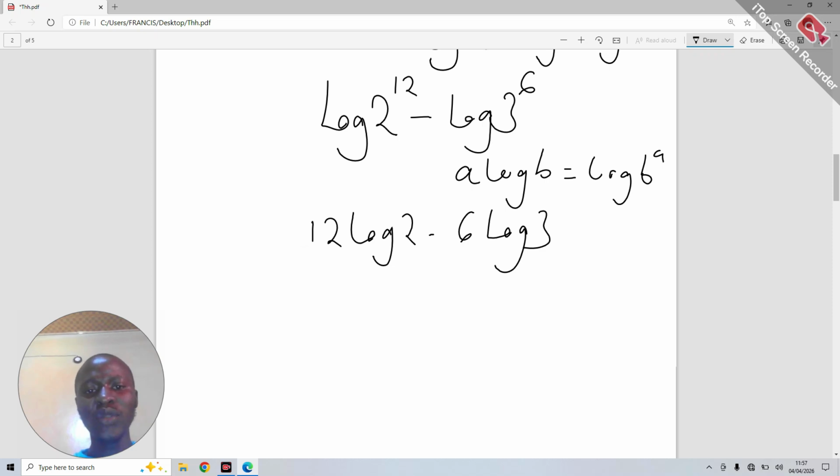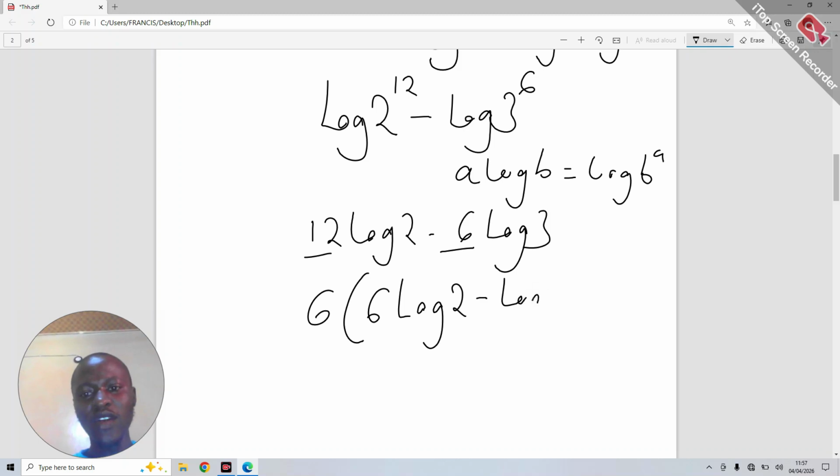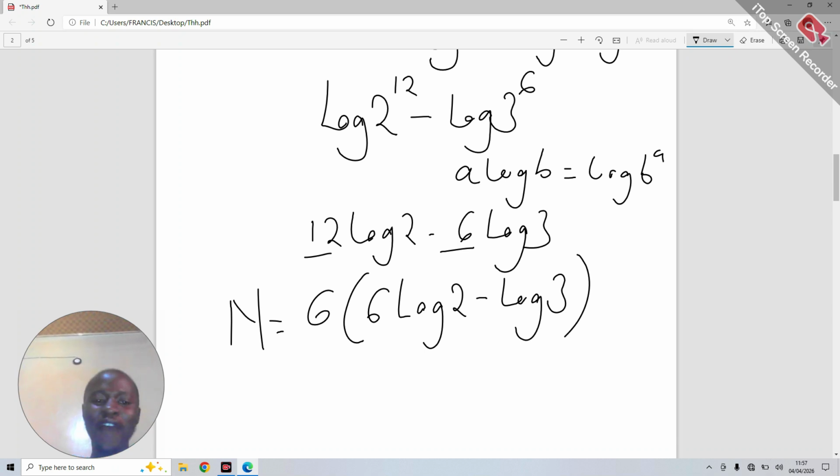What is common between 12 and 6 is 6. So I factorize out 6, and I shall have 6 log 2 minus log 3. This is our numerator done, or simplified further.